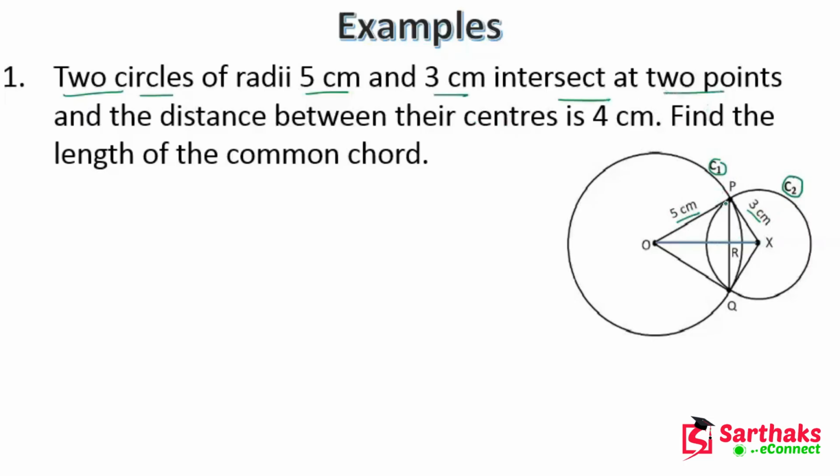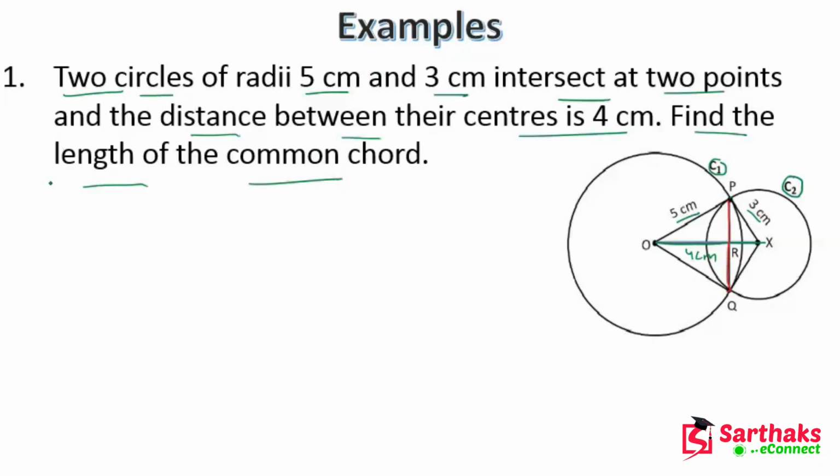They intersect at two points, P and Q, and the distance between their centers, OX, is 4 cm. Find the length of the common chord. So we have to find PQ.